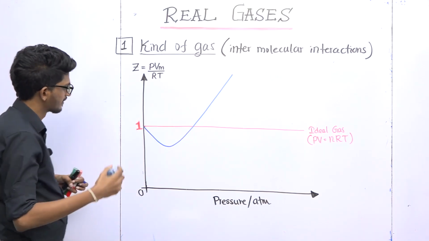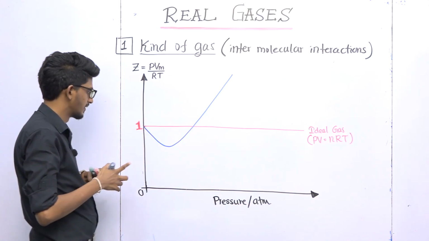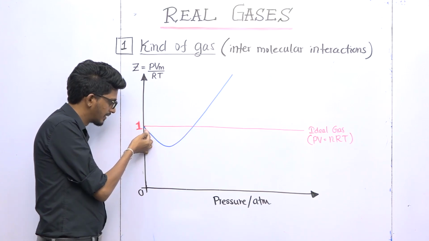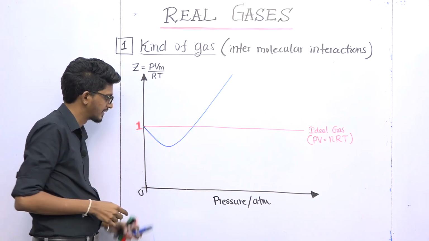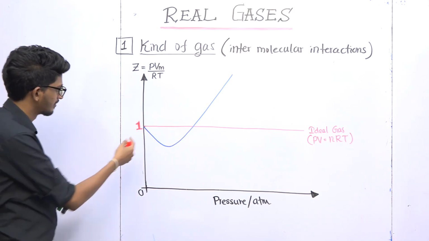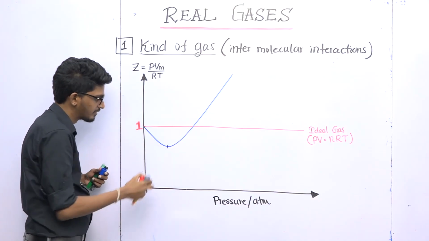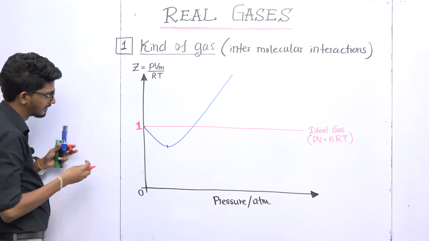So normal gases follow this kind of a curve, and you clearly see that when the particles become closer than in the ideal situation, first the attractive forces predominate. That is what we see until this point. Attractive forces predominate, so Z is less than 1.